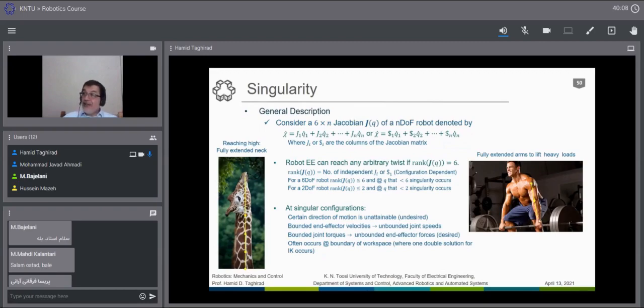We also come into the singular point to lift very heavy loads. In both cases, the singular configuration is very desired and very fine with us. But usually, otherwise, in terms of velocity, this is not the case.